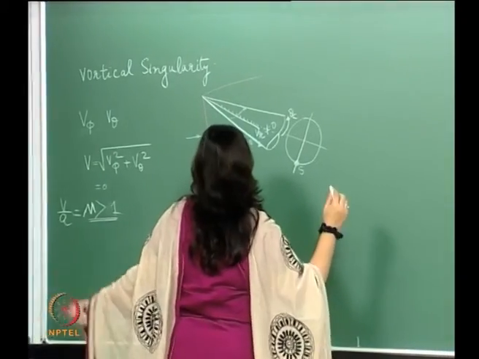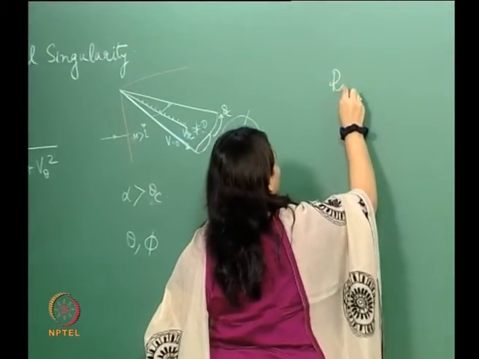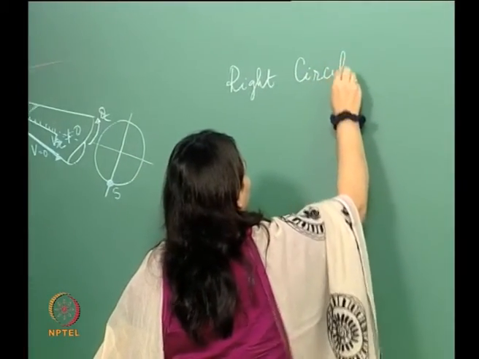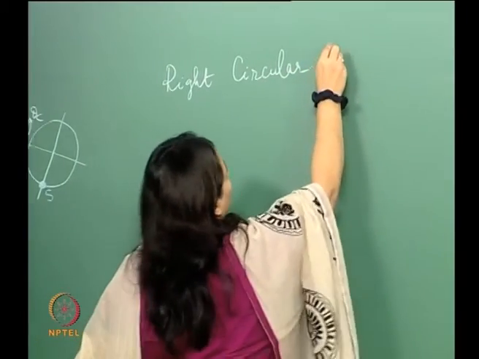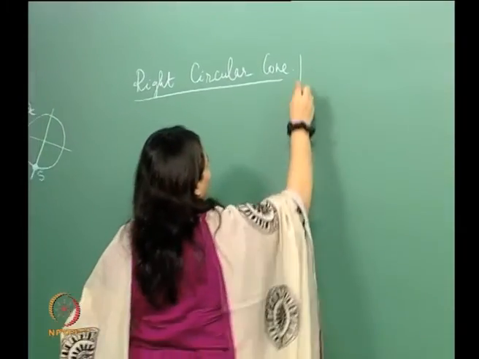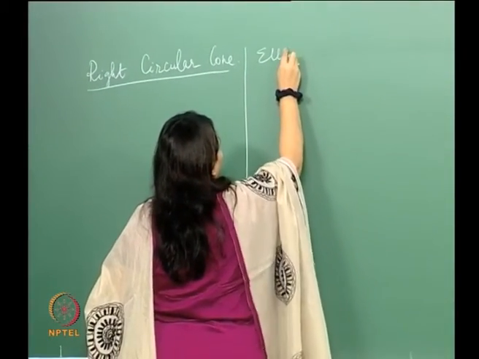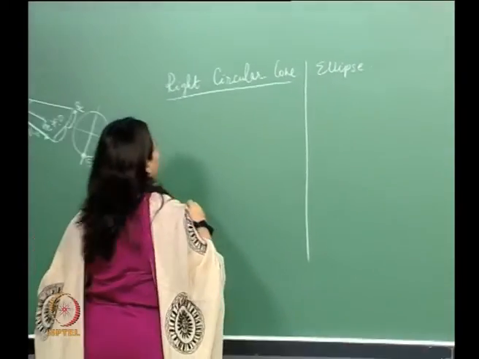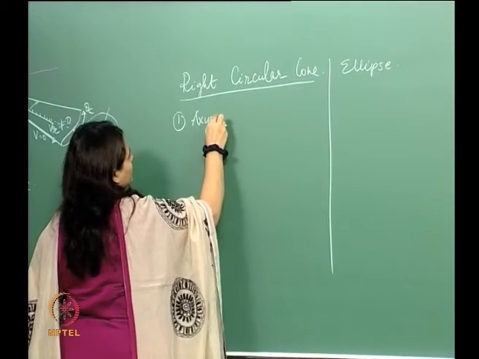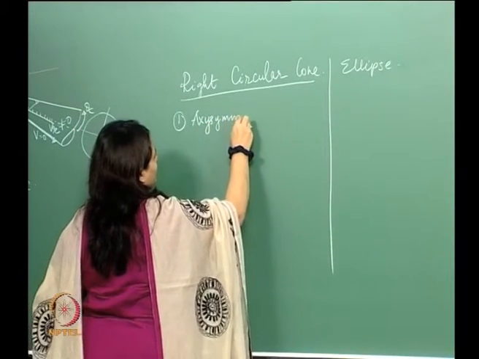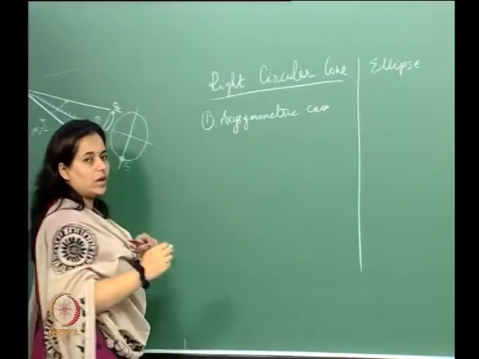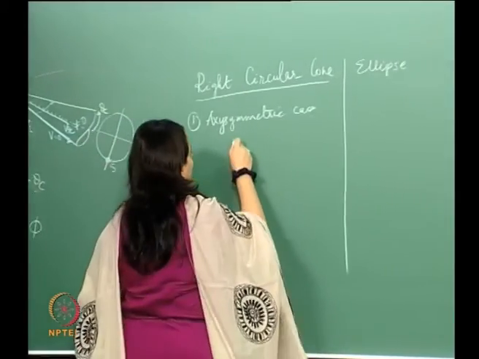So let us look at this. If I have a right circular cone, and I have an ellipse. Here for the axisymmetric case, we have just one independent variable, which is theta.